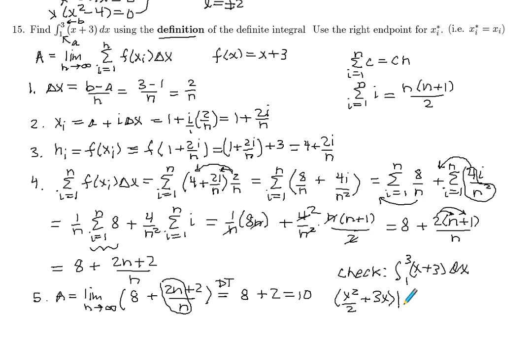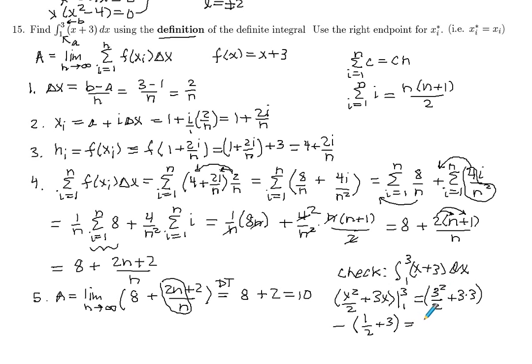And we are going to plug in 3, plug in 1, and subtract. So if we plug the 3 in here, we get 3 squared over 2 plus 3 times 3, minus, plug in the 1, we're going to get 1 squared, which is 1 over 2, plus 3 times 1, 3.